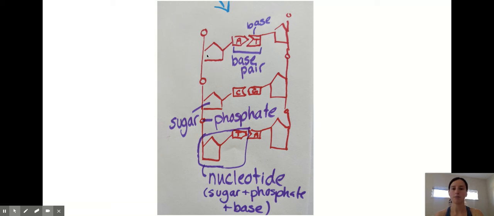We've got the backbone here made up of sugars, which are drawn as little houses, and phosphates, which are these little circles here. So we've got a sugar phosphate backbone with base pairs holding them together. And then each of the sugar phosphate base combos we call a nucleotide. So nucleotides are kind of like the building blocks of our DNA.